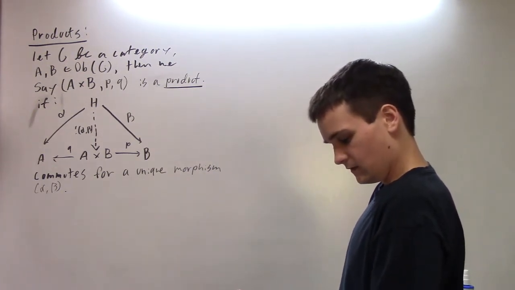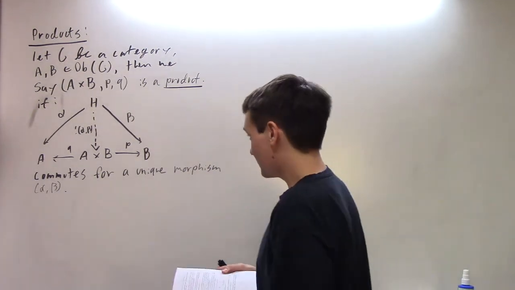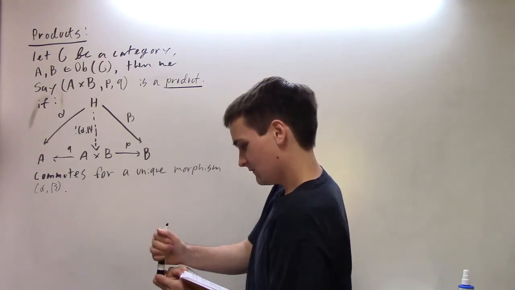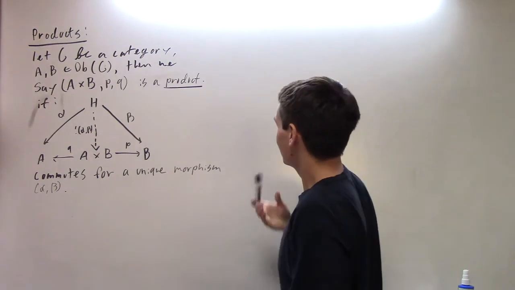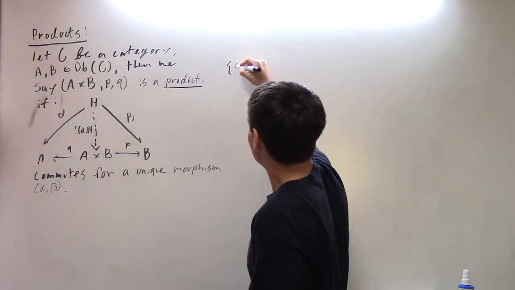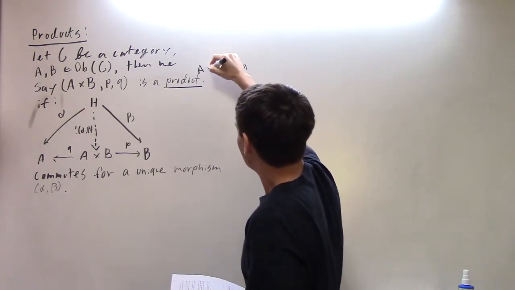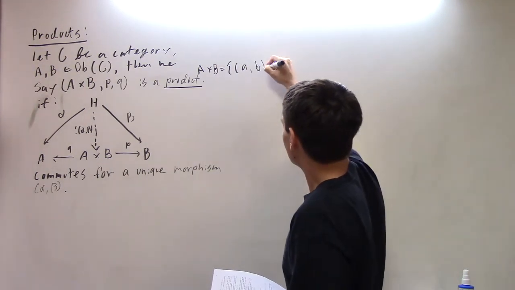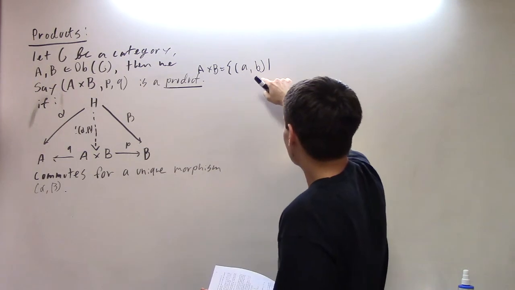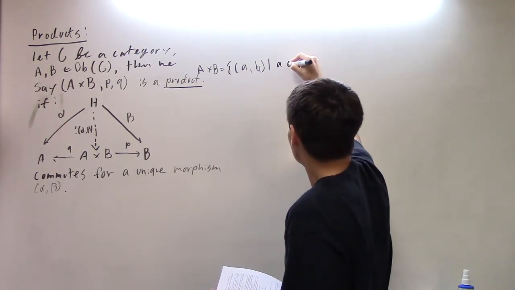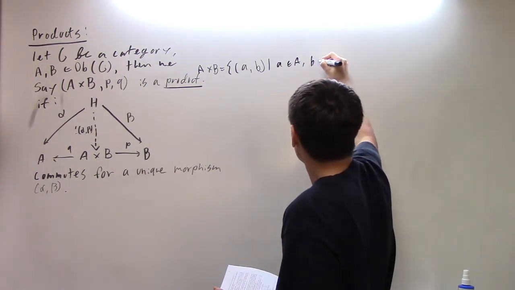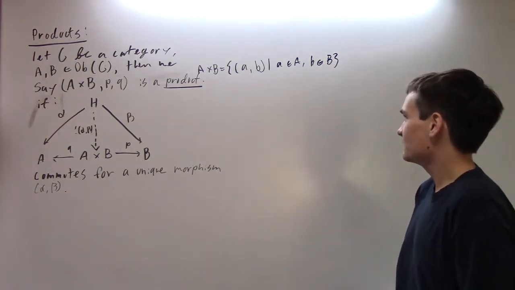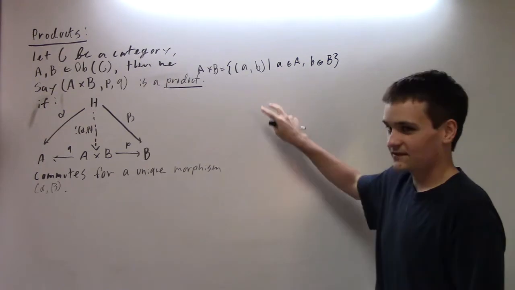So, products. We're all familiar with the set theoretic product, which is just A × B equal to the set of all (a, b) for a in A and b in B, which you can, of course, actually define in terms of sets.